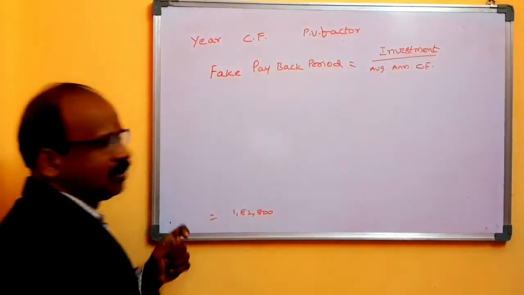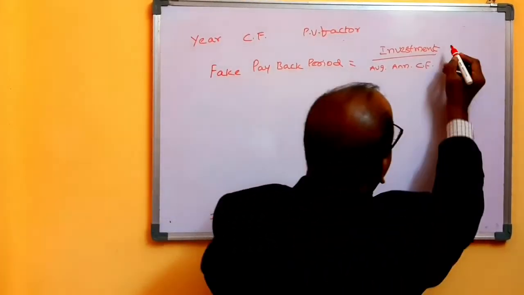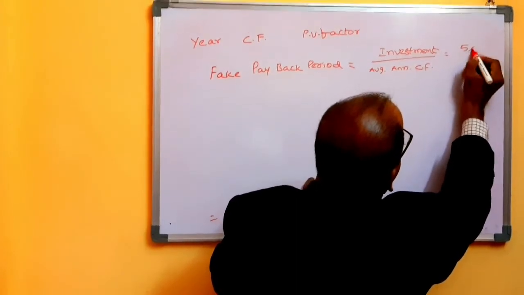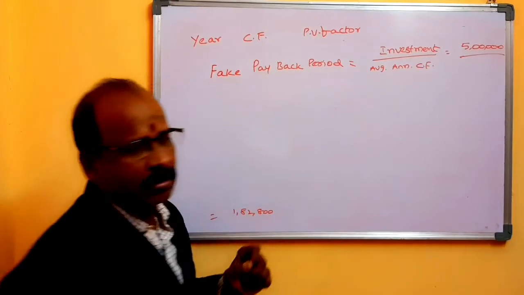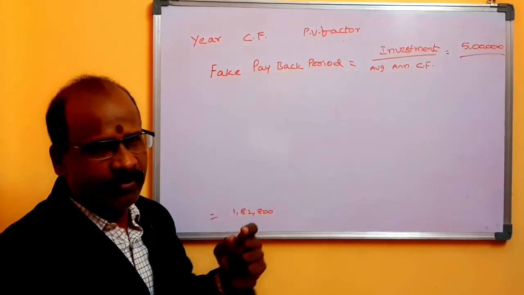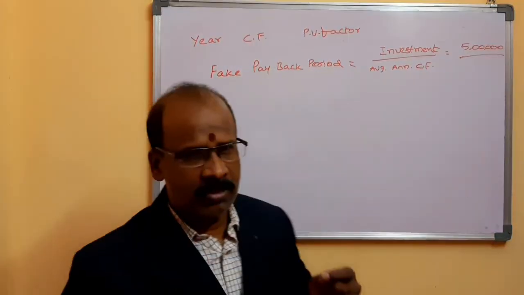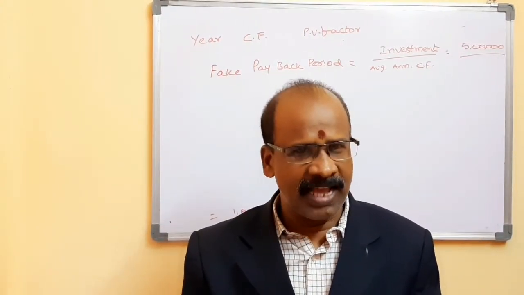In this problem, investment is 5 lakhs. Average annual cash flows: add one by one. First year 1 lakh 20,000. Second year 1 lakh 40,000, 1 lakh 80,000, 3 lakhs and 8 lakhs.